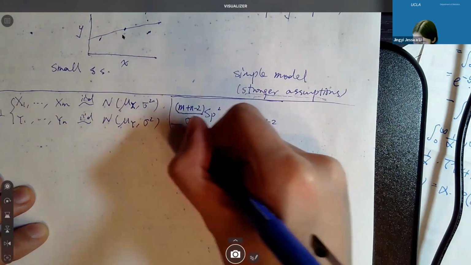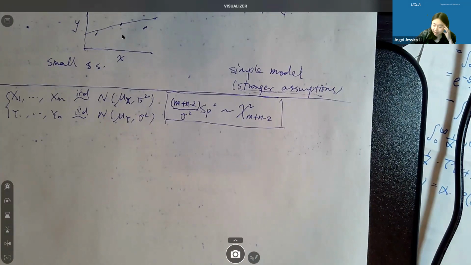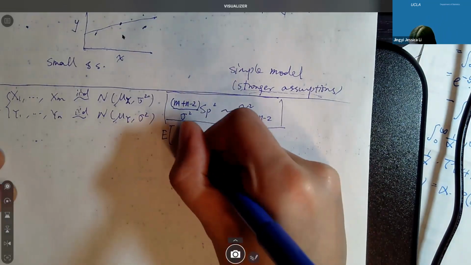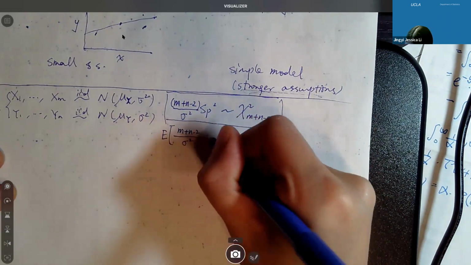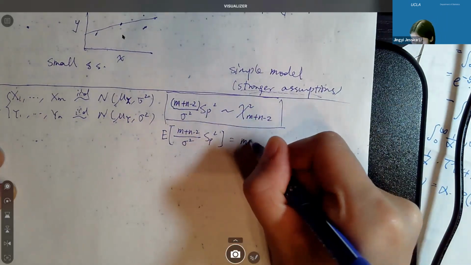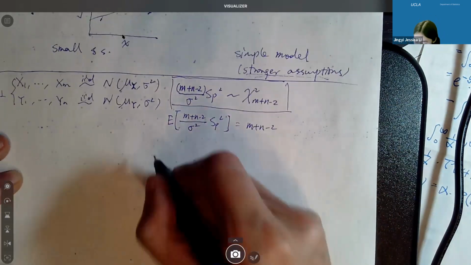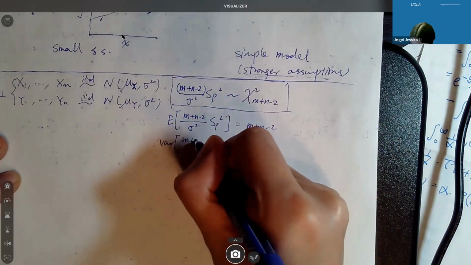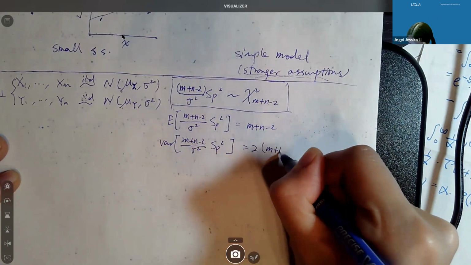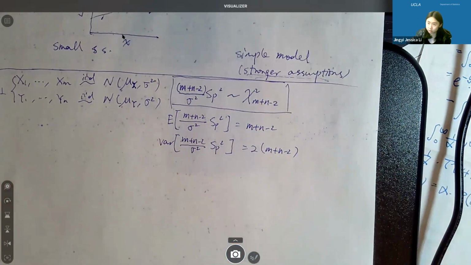Chi-square distribution has nice properties: its mean and variance are directly related to the degrees of freedom. So the expectation of this ratio is just the degrees of freedom, and the variance is 2 times the degrees of freedom. Those are known results.